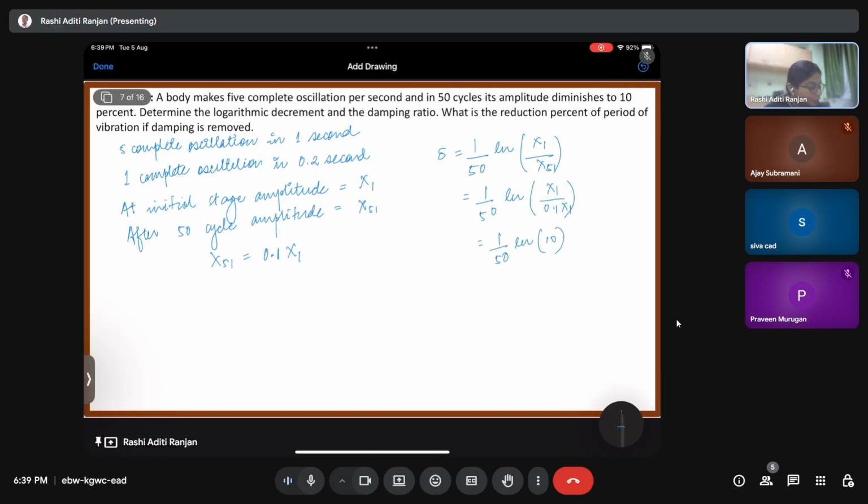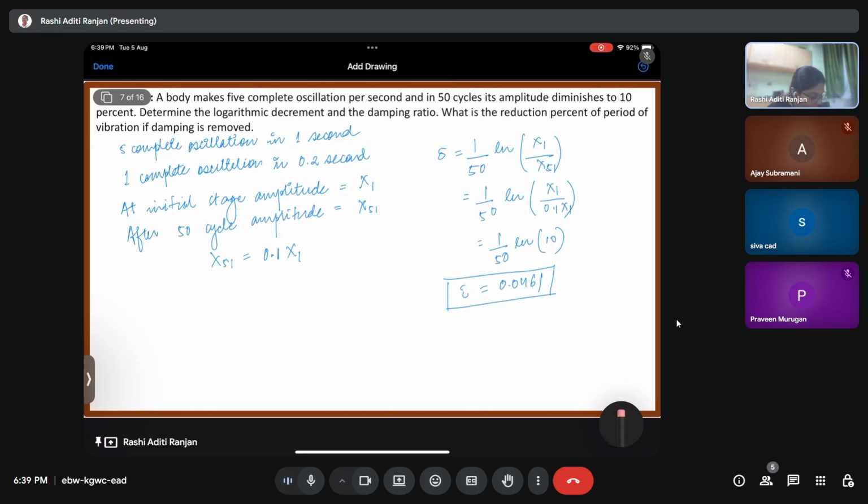After doing the calculation, you'll get 0.0461. I've already done the calculation; you can check it. Yes, it was 0.0461. So this is the logarithmic decrement value.